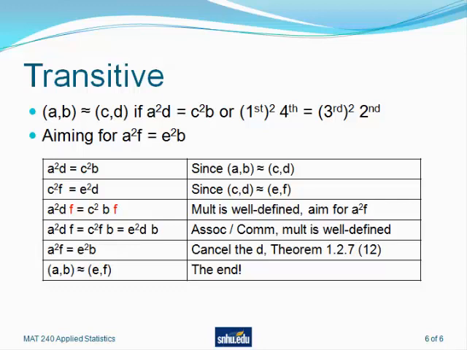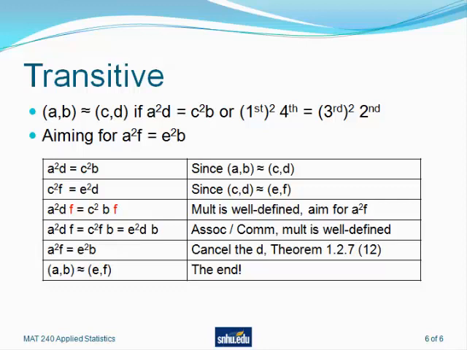I want to get that term to be A squared F. In the first line, it says A squared D, so I'm partly there. I'll multiply both sides of that equation by F. If we want to be really sticky about it, we would say that this is because multiplication is well defined.